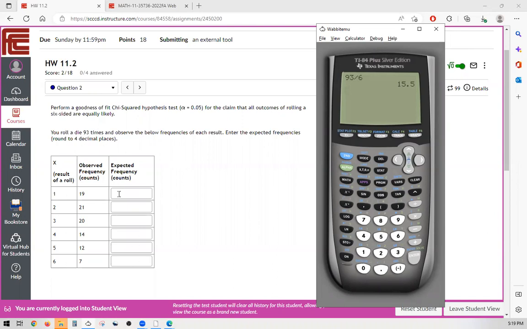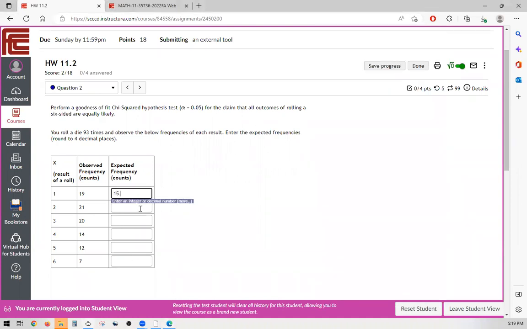If you roll it 93 times, you should get each of the sides 15.5 times. Now, obviously you can't get 15.5 because that's not a whole number, but it is what it is. That's the number we got with 93 divided by 6.